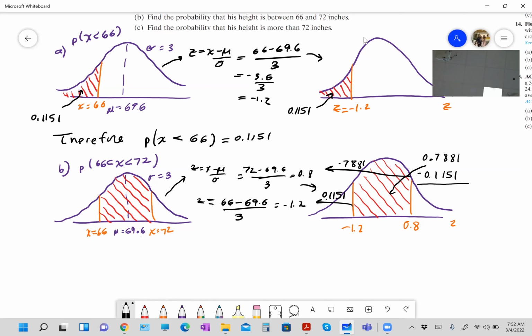The result of that will indicate the area in between and therefore the probability of being between 72 and 66. This comes out to 0.6730. Therefore, the probability of X being between 72 but greater than 66 is equal to 0.6730.